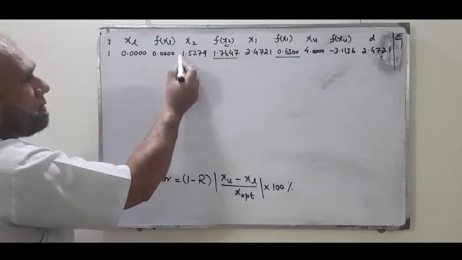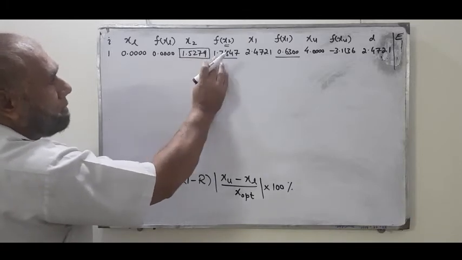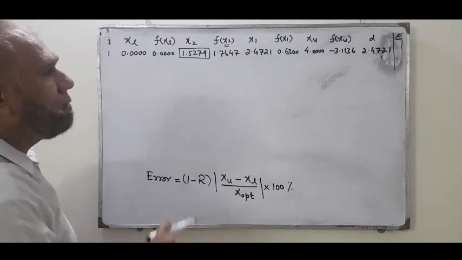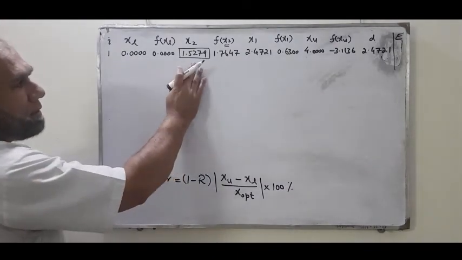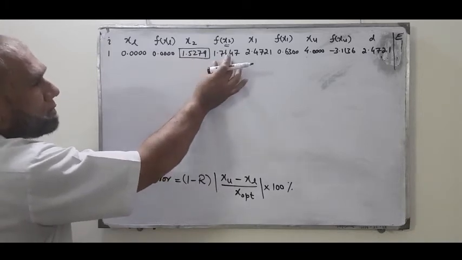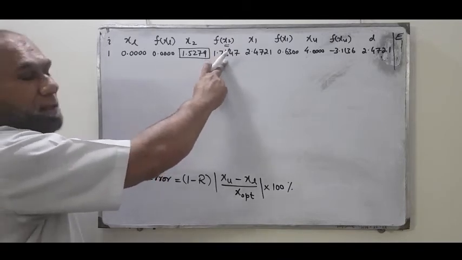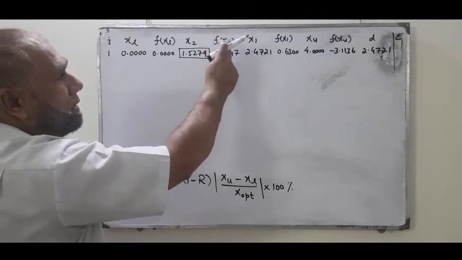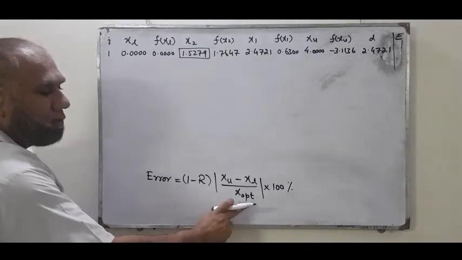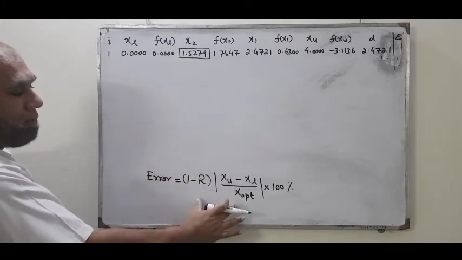So x2 is your optimum value. Kindly note down how we select the optimum value. The value of the function indicates which one is bigger, and the bigger value in this case is f of x2, and it is appearing at x2, so x2 is your x optimum. So we'll place here x optimum, and simplify.